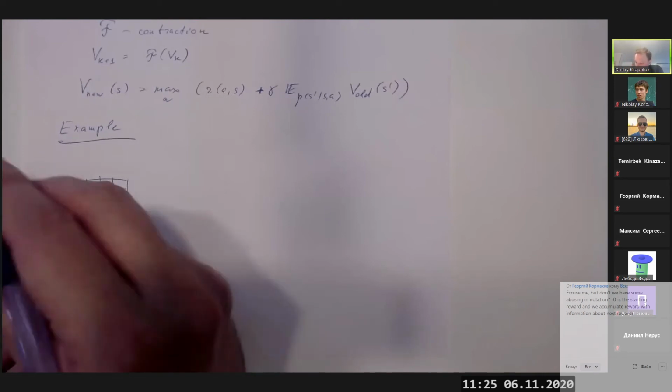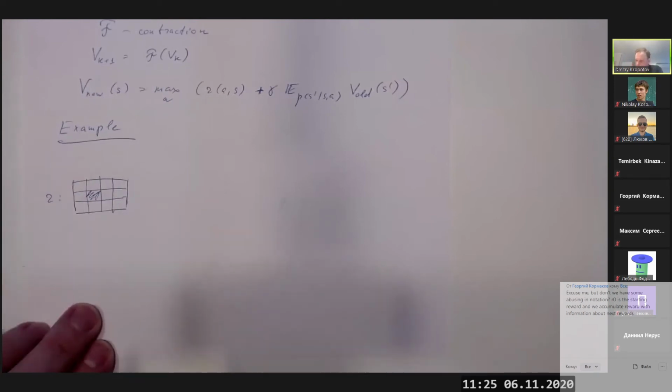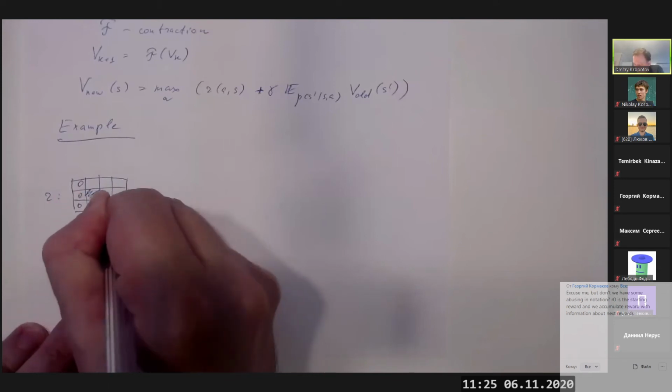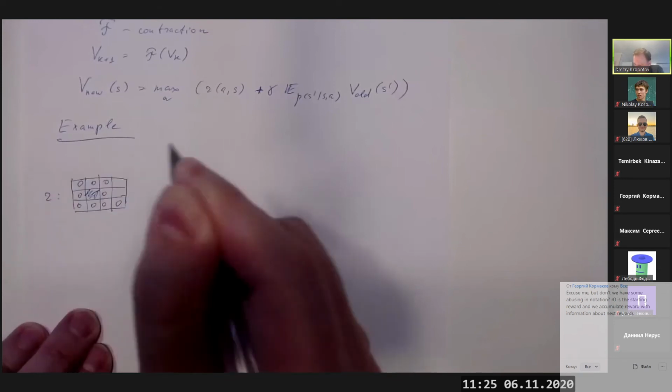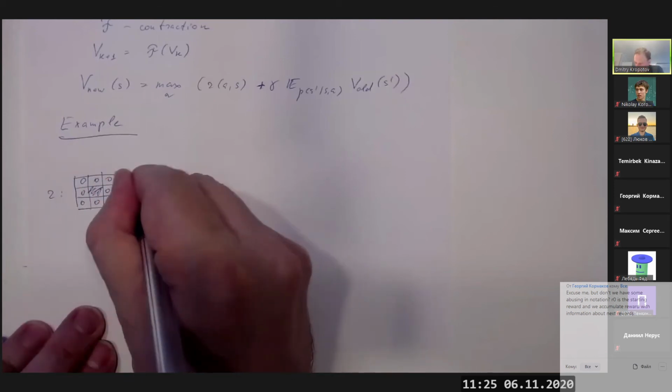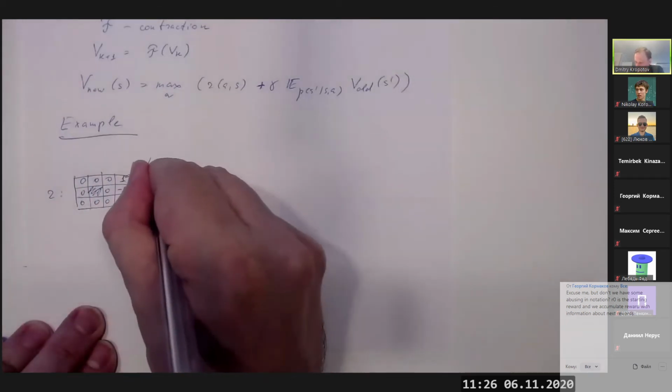Our rewards depend only on the position of our agent, and it is 0 everywhere, 1 here and -1 here, and these correspond to terminal states.